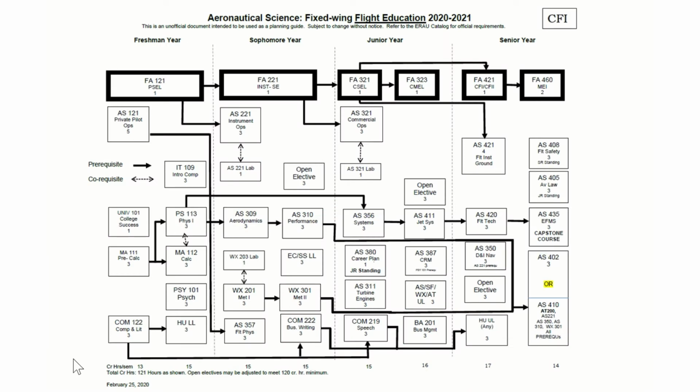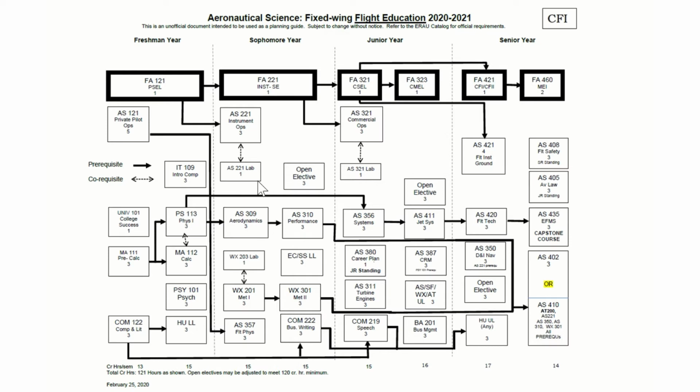One question I get often is, when can I take the next level of ground courses for flight? In order for you to begin a flight course, let's say you're in private and you want to go into instrument flight, you cannot start your instrument flight course until you are either concurrently enrolled in the ground course, which means you're enrolled at the same time as you're starting to fly, or you have already completed it.